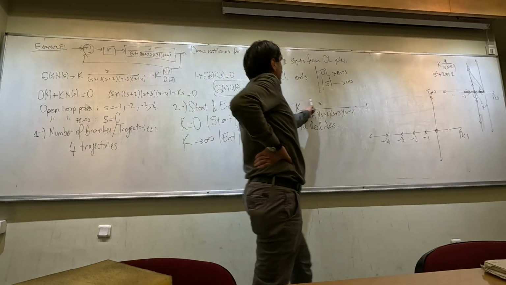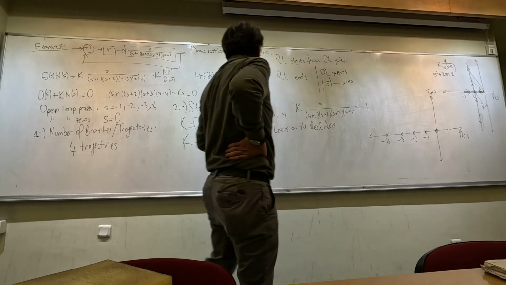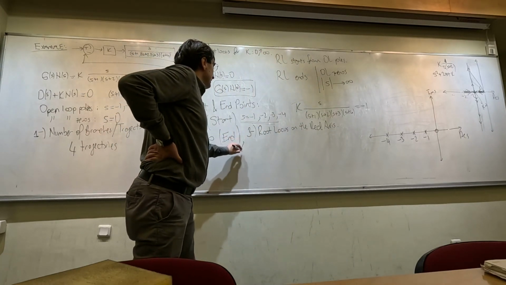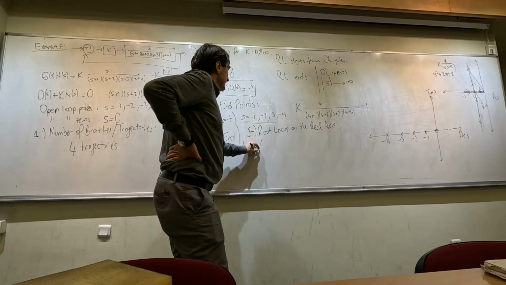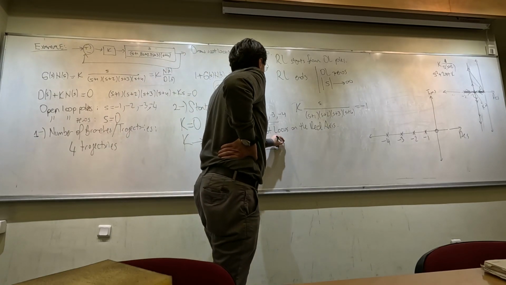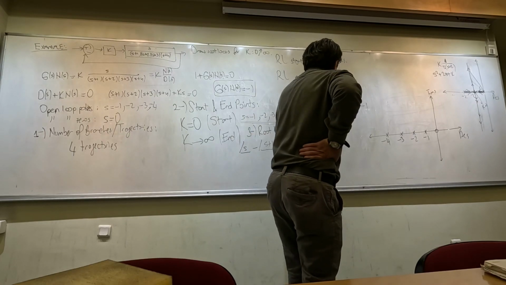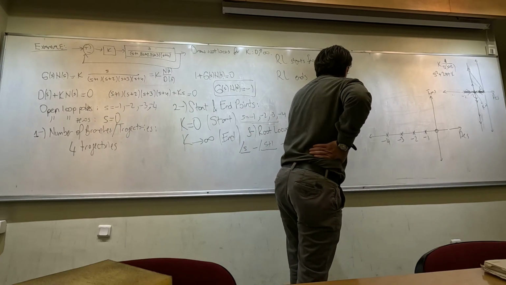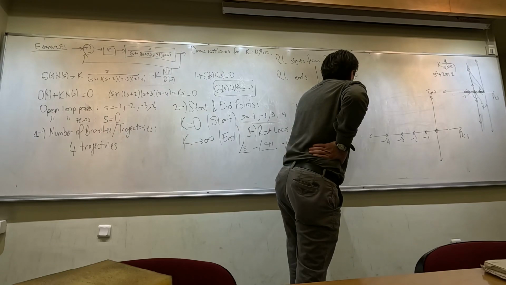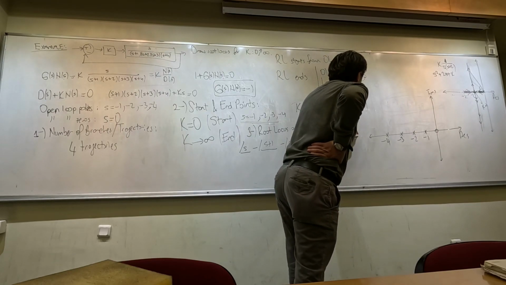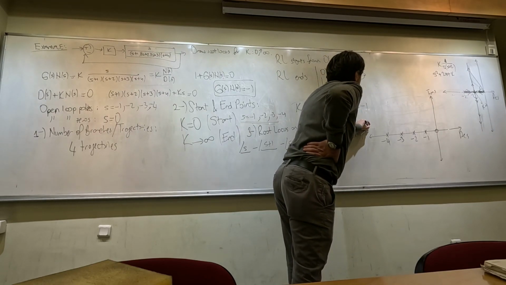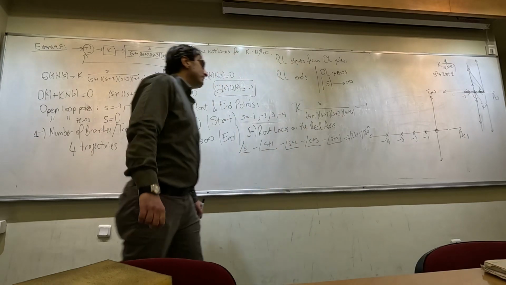It is this equation, and the angle condition is the following: angle of s minus angle of s plus 1 minus angle of s plus 2 and s plus 4 is equal to plus minus 2k plus 180 degrees. Okay?